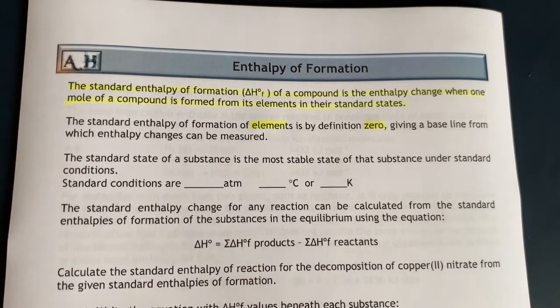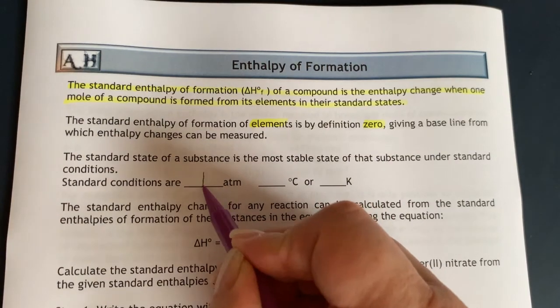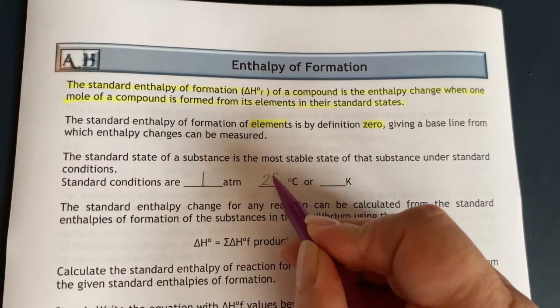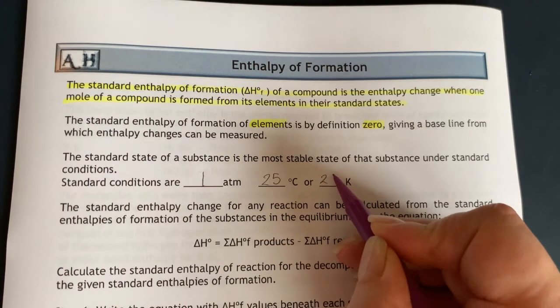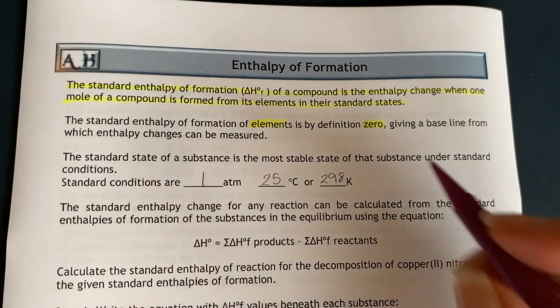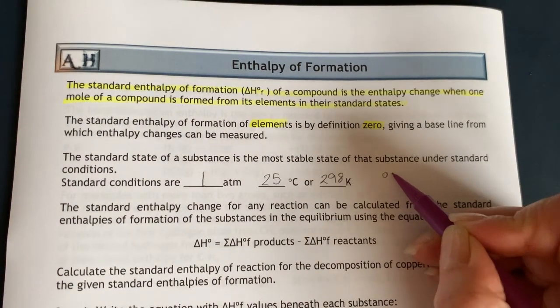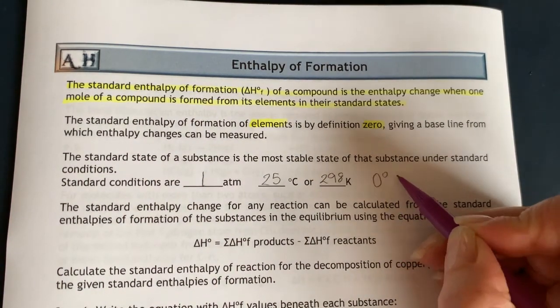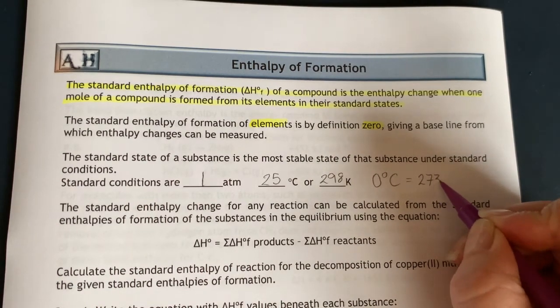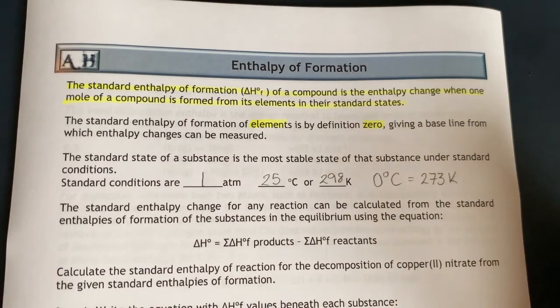Standard conditions, as far as we are concerned, is 1 atmosphere pressure, 25 degrees C, which is 298 Kelvin. Okay, for chemistry you do need to know that 0 degrees C is 273 Kelvin.